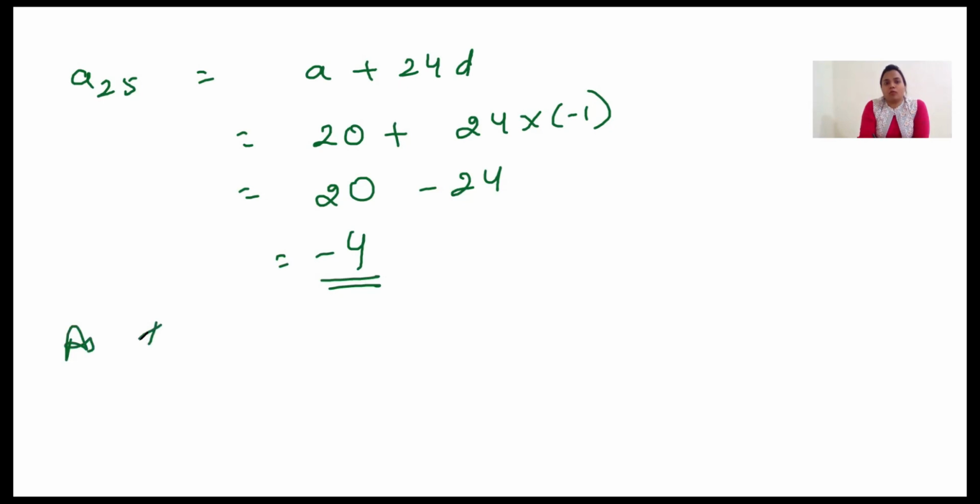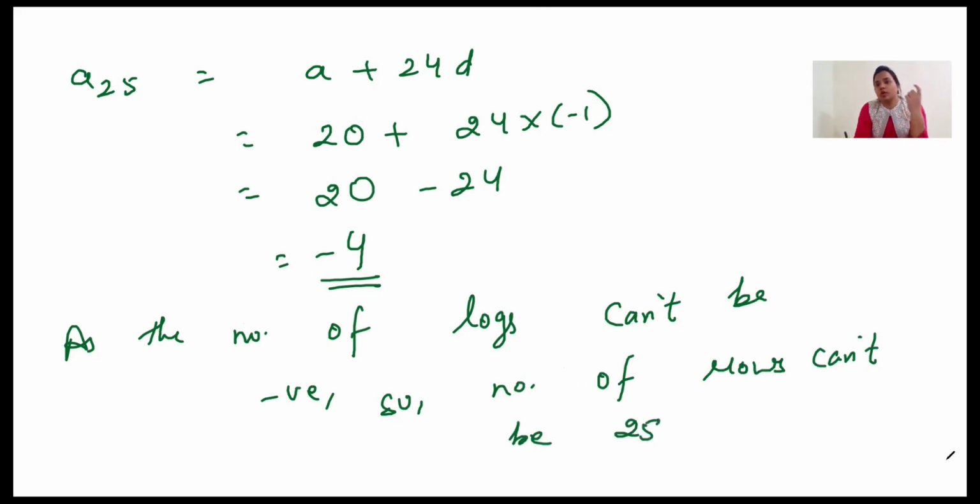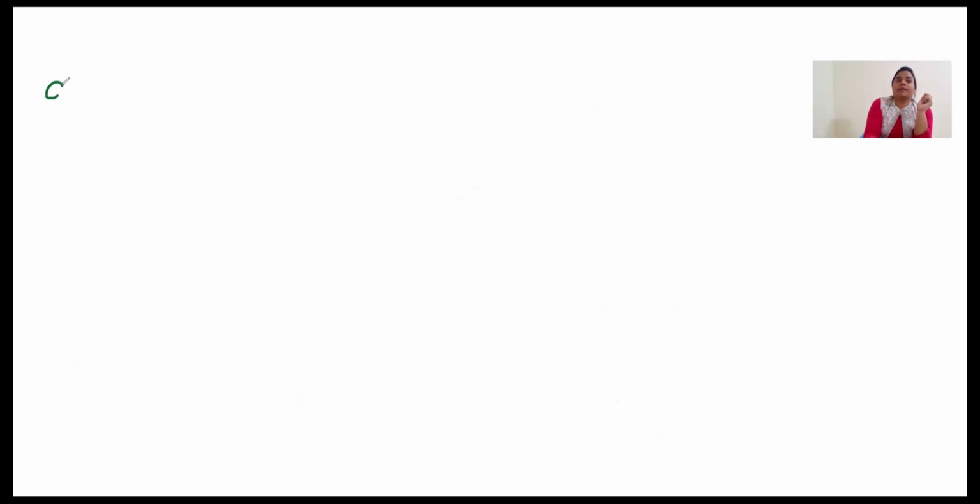So as the number of logs cannot be negative, the number of rows cannot be 25. According to this, total number of rows are 16. So we will find the number of logs in the 16th row.